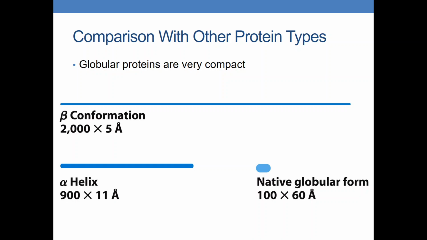Alpha helical proteins are also long, extended. But if we look at a native globular protein, this is quite a bit different. 100 angstroms in one direction, 60 angstroms tall. So the globular form is much more compact than any fibrous protein that you're going to come across.